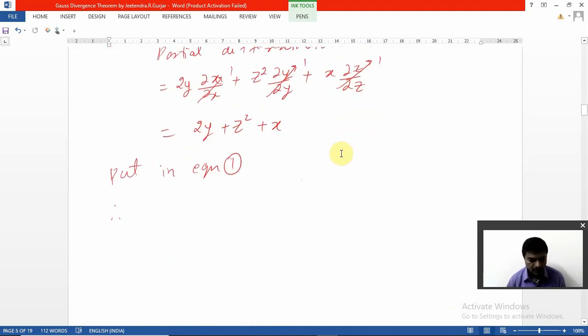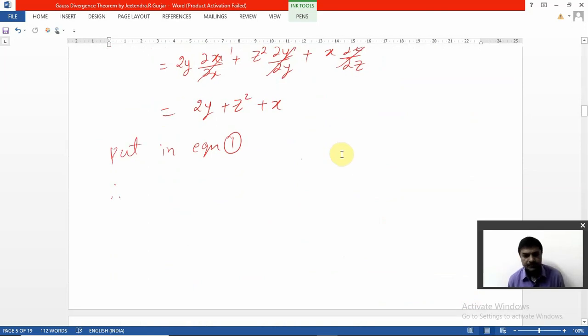Okay, so now here we are going to integrate this one by one, students. So be alert. Okay, write down the integration now, substitute the value. Here I am going to take the integration ∬ F·n ds is equal to the triple integration.